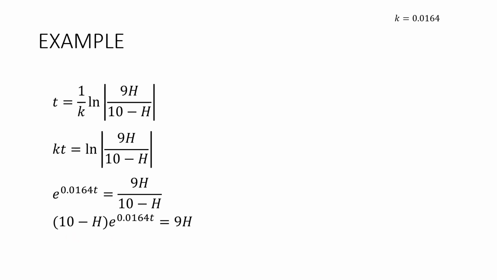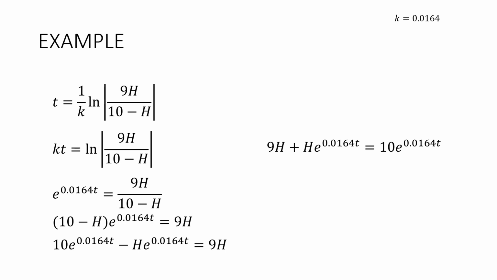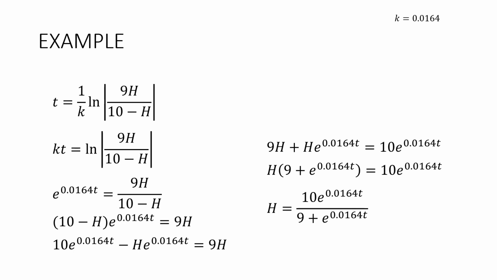Expand, and then I'm going to get these H terms together, so I'm going to take this one over this side. You can see I've turned it around. Factorize the H out and divide by 9 plus e to the power of 0.0164t. And there we have H. Now we can further simplify it by multiplying top and bottom by e to the negative 0.0164t.